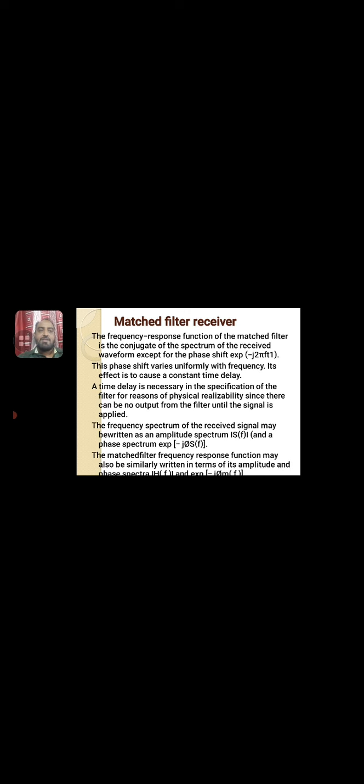Now the matched filter response function is the conjugate of the spectrum of the received waveform, except for the phase shift e power minus j2 pi f t1.